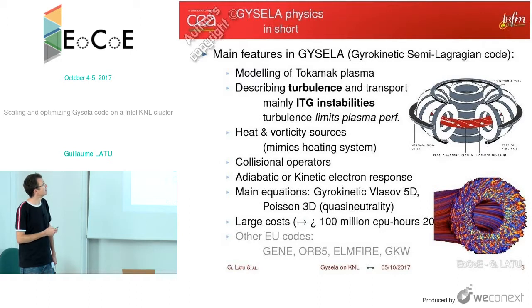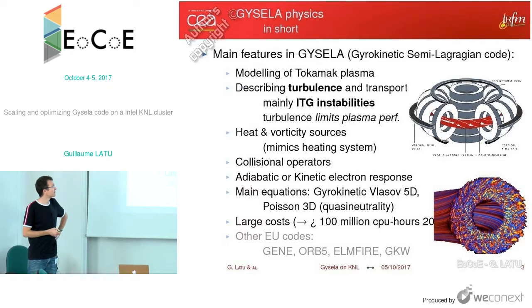So we mainly address ETG instability, an important type of instability in the plasma, because turbulence limits the plasma performance. So it's important to understand and also to predict what is the level of turbulence within the plasma.